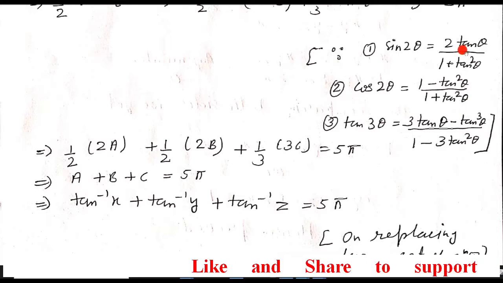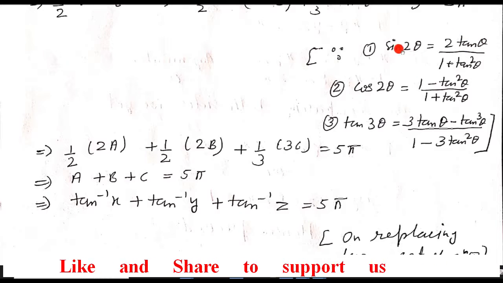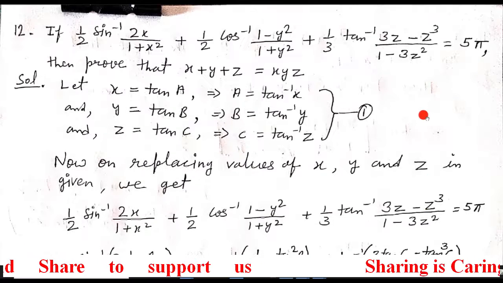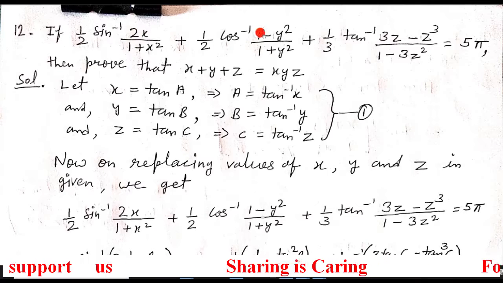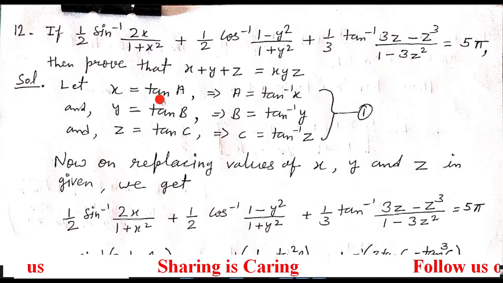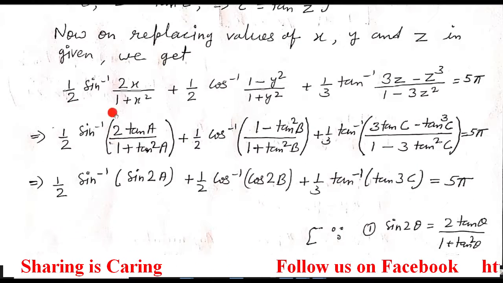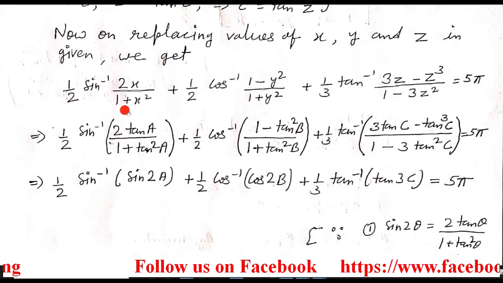So if we assume x, y, z in terms of tan, we can relate them with sin, cos and tan. That is the hint for us that we should assume x, y and z as tan a, tan b, tan c. Just see, I substituted the values of x, y, z in the left hand side of our question.